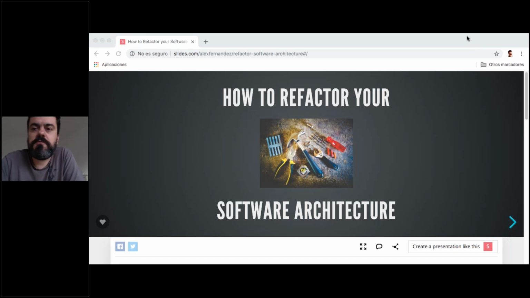Okay, we are about to start with the slides and the official presentation. What we are going to talk about is how to refactor your software architecture. Usually when people speak about refactoring, they mean just refactoring some bit of code. But we are now speaking about transforming how the company operates.